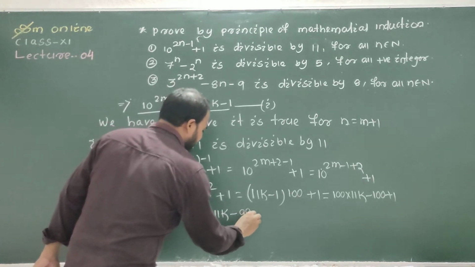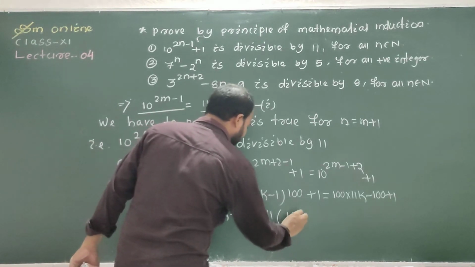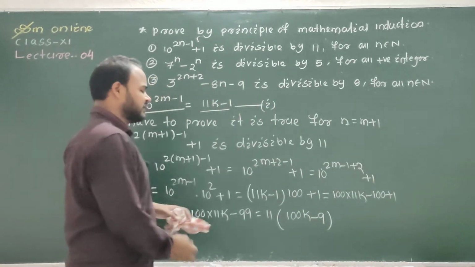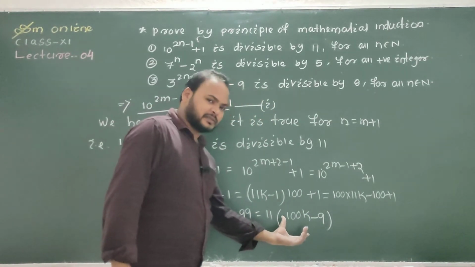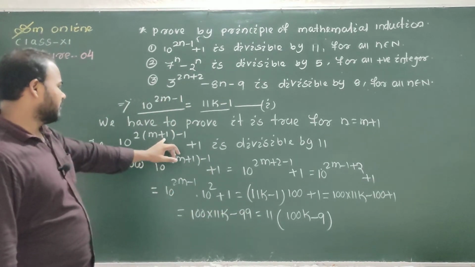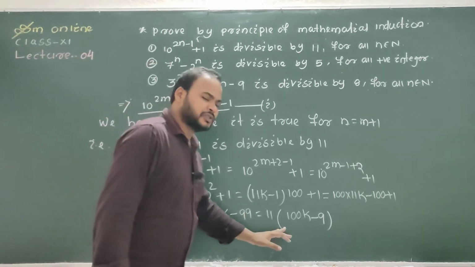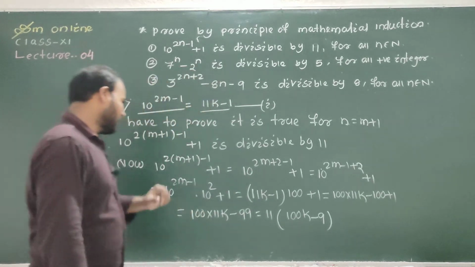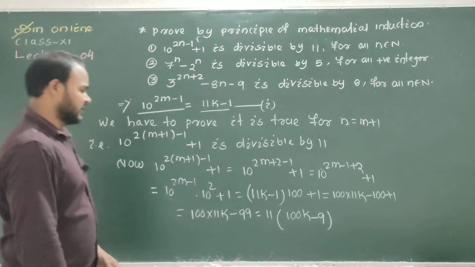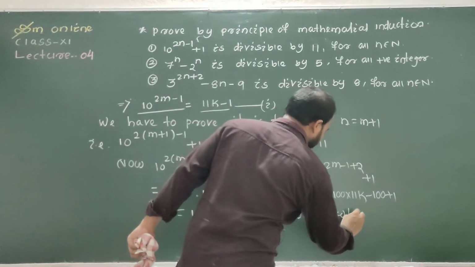minus 99, now we take 11 common. Then we get 100k minus 9, because 11 is a factor of this. A total term which we have to write outside is 10 to the 2m, 2 into m plus 1 minus 1 plus 1, so 11 is a factor, so we can say this term is divisible by 11.